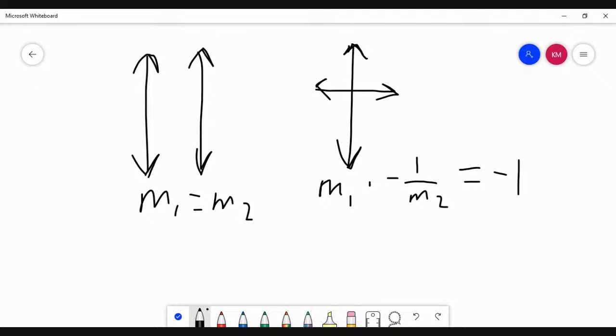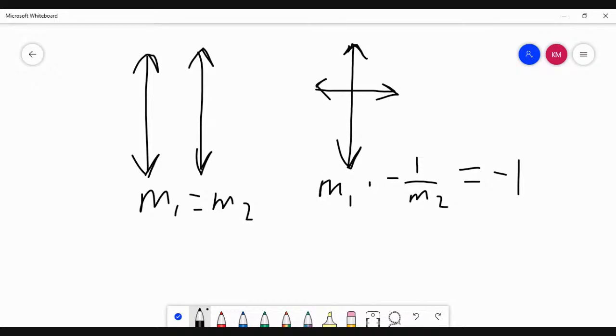So, say for instance, you have an equation where it says write an equation of the line that passes through the given point and is parallel to the given line.